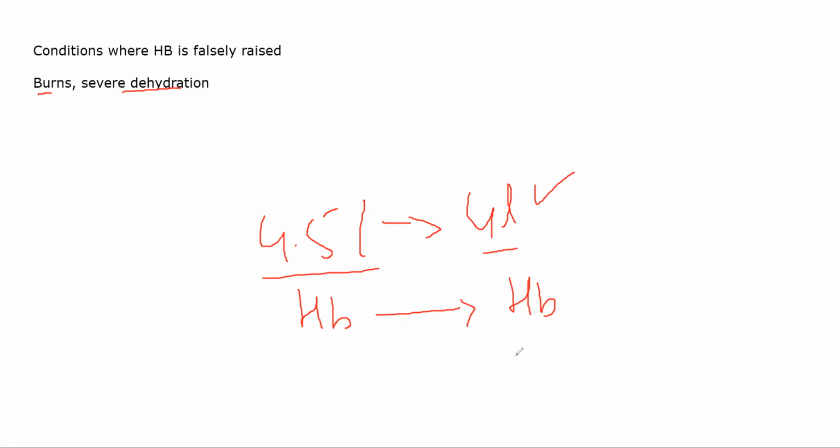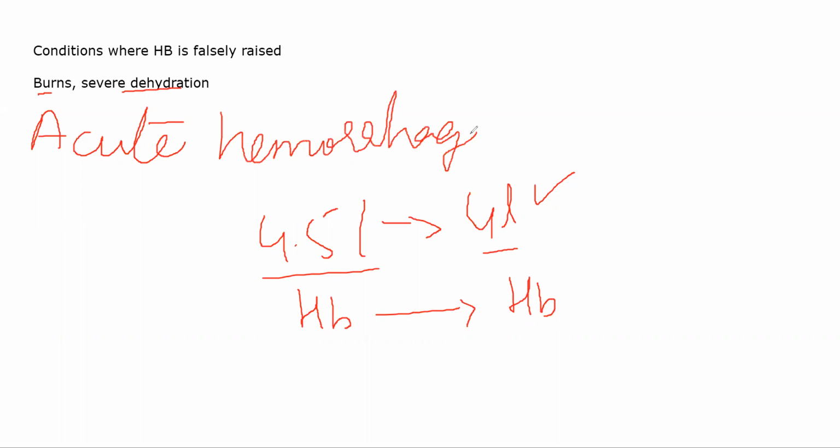If because of dehydration or severe dehydration or because of burns, second degree and third degree burns, the volume of blood is reduced, or it is happening due to hemorrhage, hemorrhage is also another factor. If it is immediately after acute hemorrhage, this value will change. After acute hemorrhage, a lot of plasma is lost, because of which the relative concentration of hemoglobin increases, the same as occurs in dehydration or in burns.